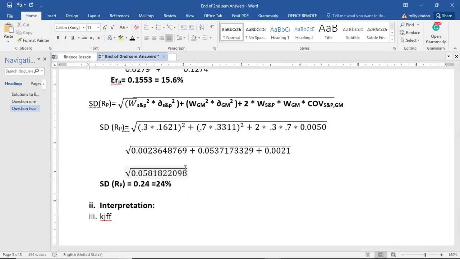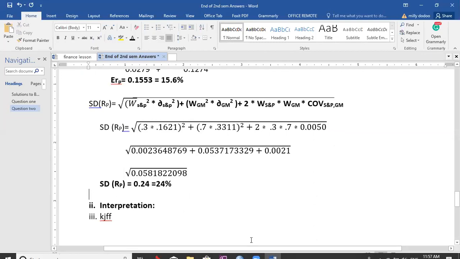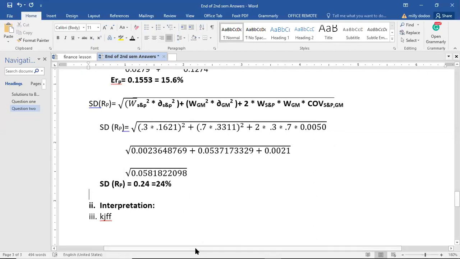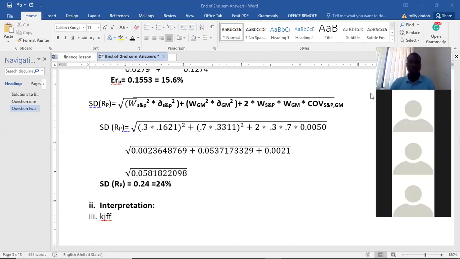The standard deviation of 24% indicates that the chance of us not achieving the portfolio expected return of 15.6 is 24.